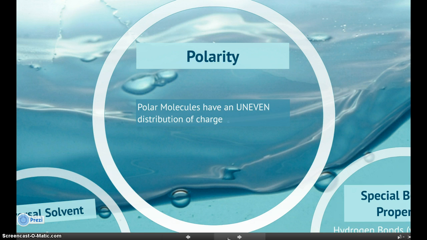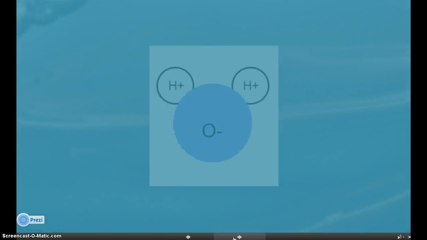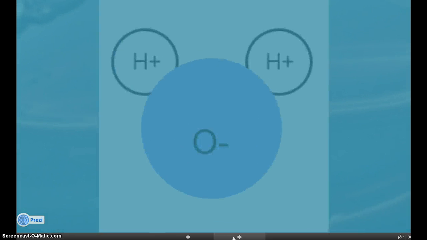That leaves that end more positive, and it leaves the oxygen end a little more negative. So polar molecules have this uneven distribution of charge, which allows them some special characteristics we'll look at on the next slide. So here we are. Hydrogens look a little more positive, and the oxygen end is a little more negative.